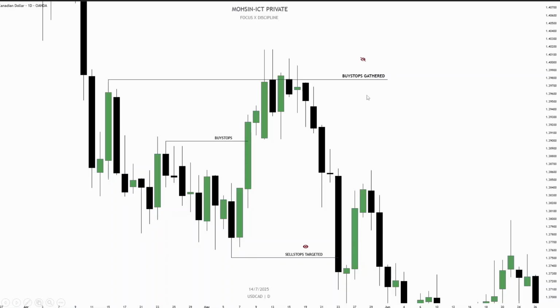During this step, when price is gathering all the buy stops, price is also doing the order pairing. It wants to pair these orders with this one. Take the buy stops and pair them up with the sell stops. That's how the algorithm works. We also have a weekly fair value gap level here, which is also good confidence that price wants to go lower. You see these rejections, and on the lower time frame, price also offered us entries.